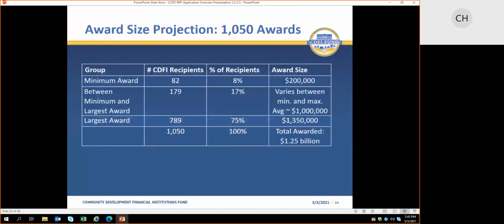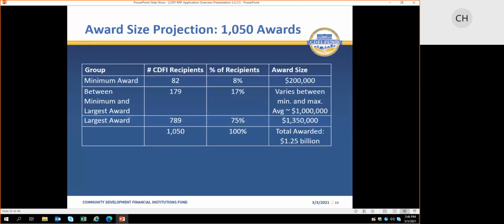So here's the award size projection. For example, the CDFI Fund projects making 1,050 awards. We've done some analysis of our certified CDFIs, and based on that, we predict that if we were able to make 1,050 awards, about 82 CDFI recipients, or 8% of all of our certified CDFIs, would be in that bucket of the minimum award size of $200,000.